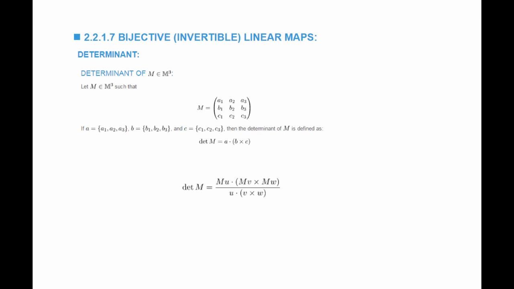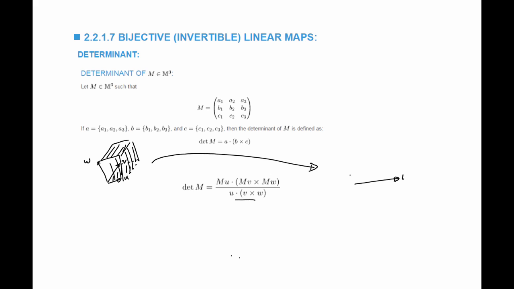Another very important property of the determinant of M is the following. If I have three vectors that are linearly independent, U, V, W, we know that this volume is equal to U dot V cross W. When I multiply these vectors by M, I get MU, MV, and then MW.